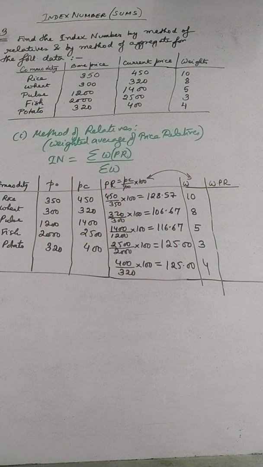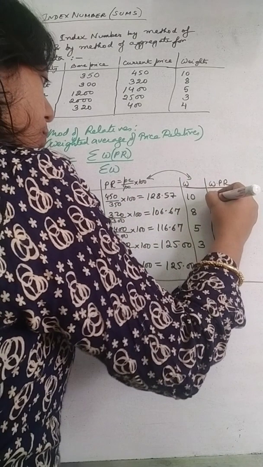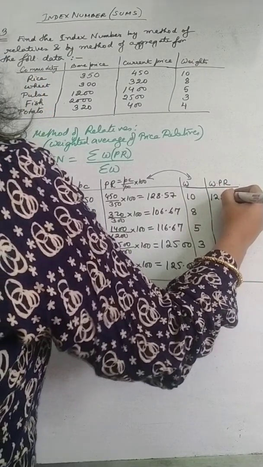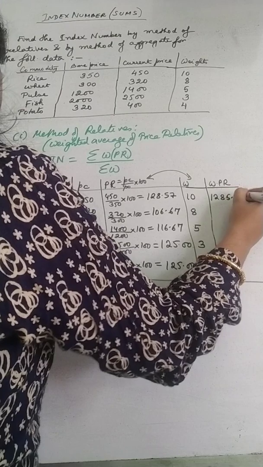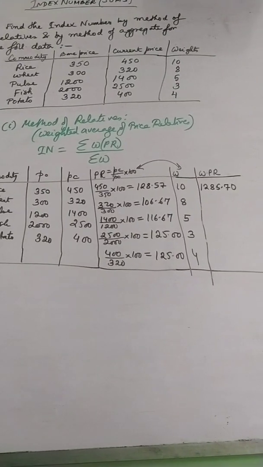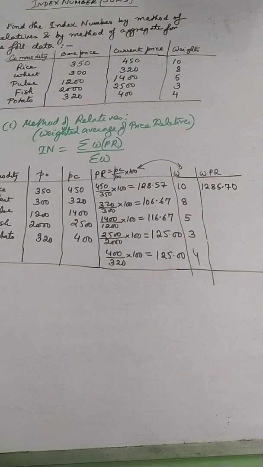So 128.57 into 10 gives you 1285.70. Yes, I hope you can see. The lines are crooked, anyway.